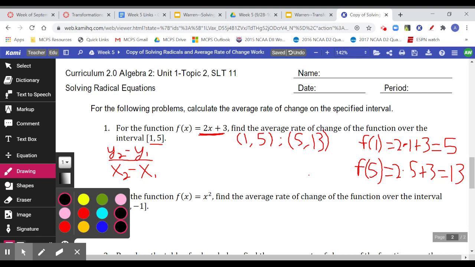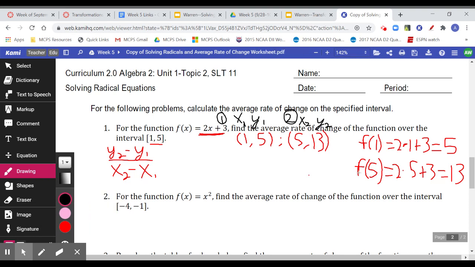Now I'm going to use these points to plug into the slope formula. So I have my first point over here, and my second point is here. So my first point, I have x1 and y1, right? The one standing for the fact that it's the first point. And the second point has x2 and y2. So I'm just going to take these values. If I'm looking for y2, that is 13, right?